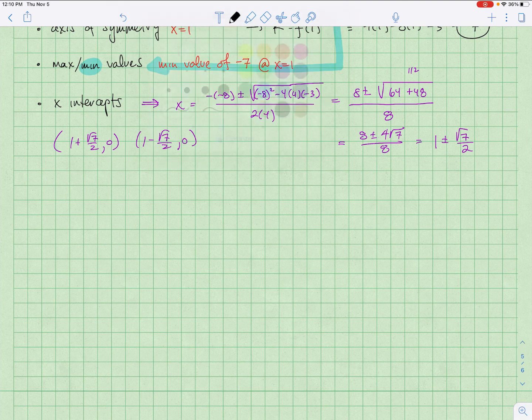So let's graph it. I know that the vertex is going to be at (1, negative 7), so I'm going to put my x-axis up kind of high here so that I can go down low. 1, 2, 3, 4, 5, 6, 7. There's my vertex at (1, negative 7).